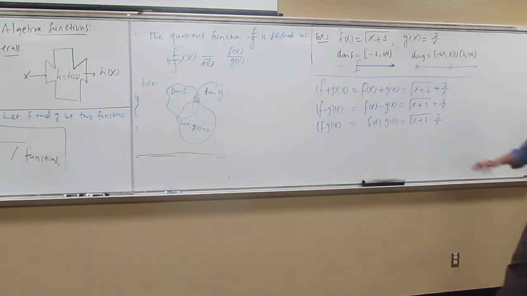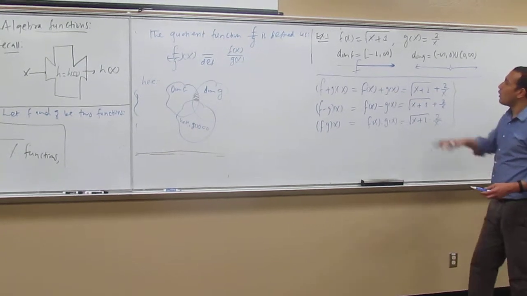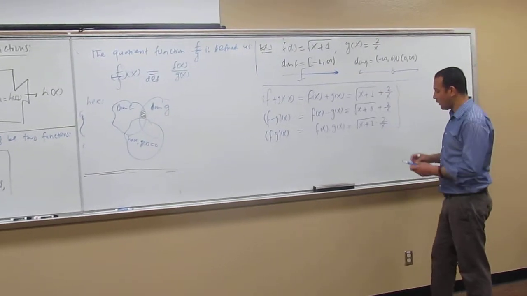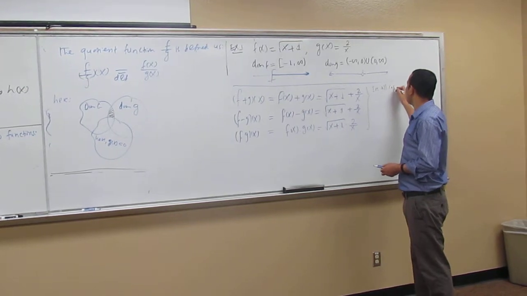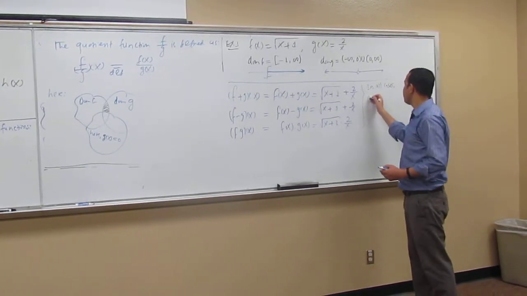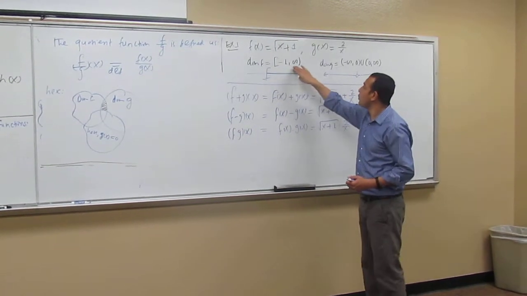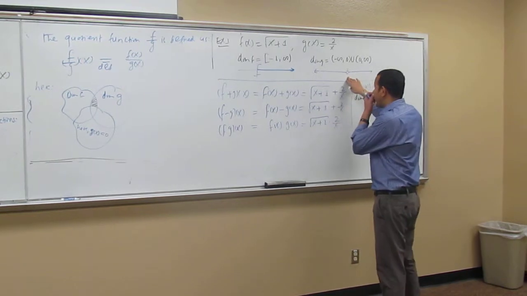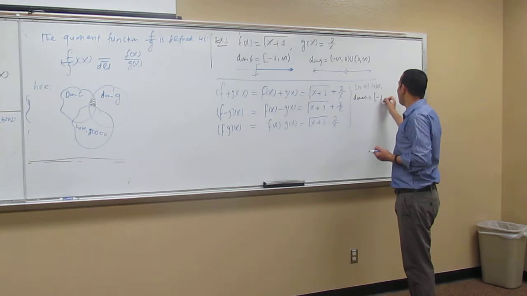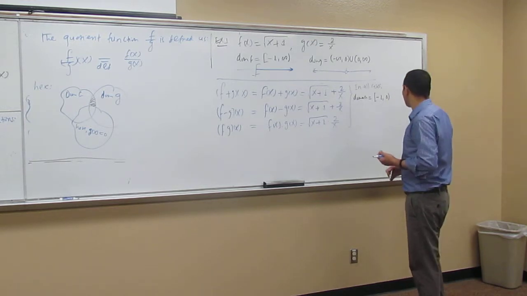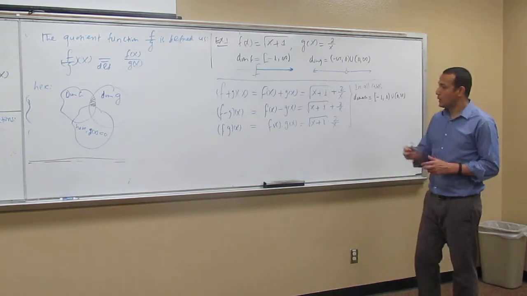And for all three cases, the domain is the intersection of the domain of f and the domain of g. In these three cases, the domain is equal to the intersection of -1 to infinity and everything except 0, so the intersection will be -1 to 0, I have to exclude 0, union 0 to infinity. Okay, so it's like that.